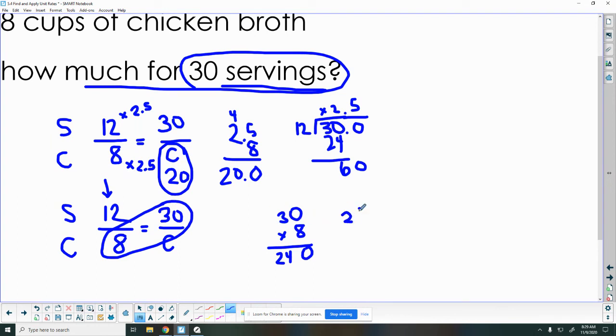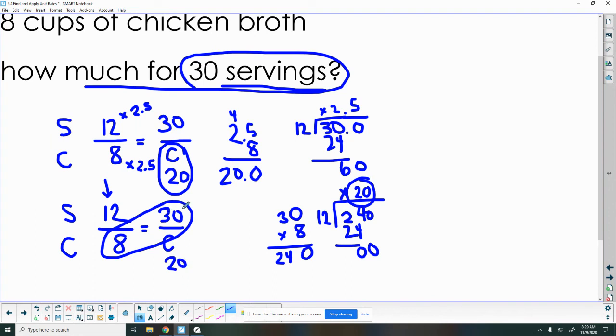So if I take 240 and divide it by 12, 12 can't go into 2, but it can go into 24 2 times, which is 24. Bring down my 0. 12 goes into 0 0 times. I came up with this answer right here, which is 20.